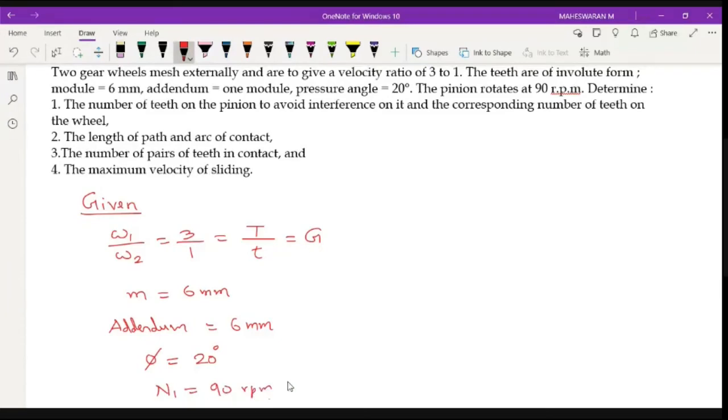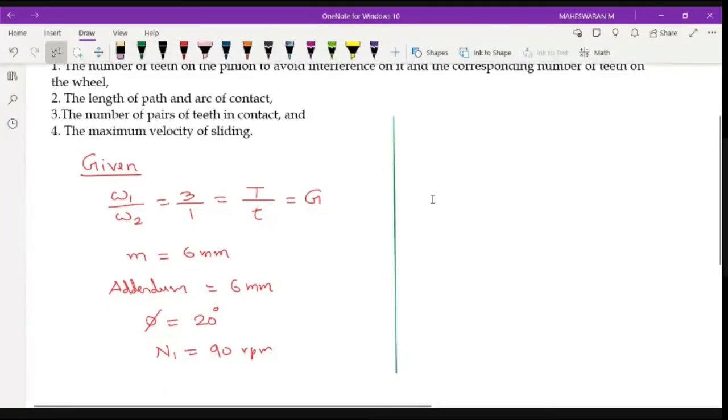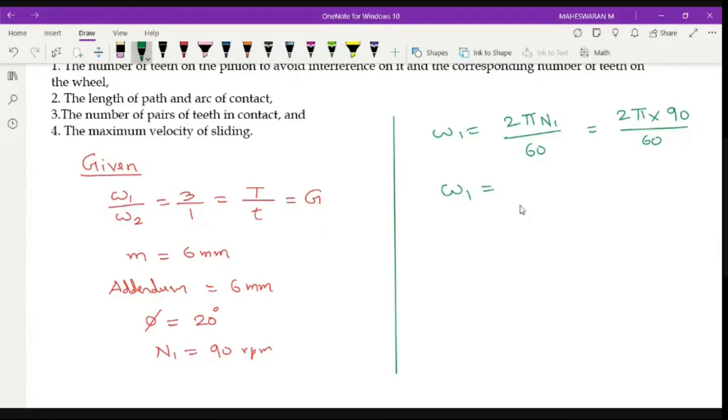Now I will identify what is omega. Let us identify omega 1. Omega 1 is 2 pi N1 by 60, which is equal to 2 pi into 90 divided by 60. So omega 1 is 9.42 radians per second. If you identify omega 1, I can also identify omega 2, which is the next step.